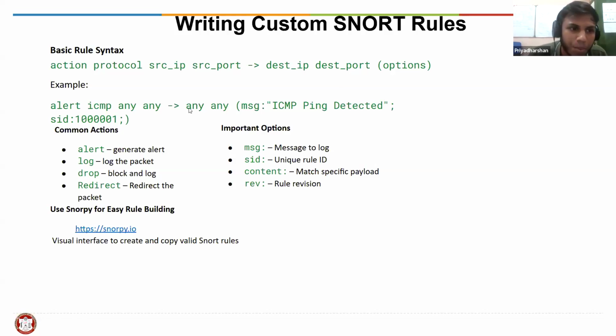Next, the options. Let's see an example. I create an alert action: if any alert comes, it just shows the alert. I use the ICMP protocol, so if the attacker tries to communicate with us using ICMP, you give me an alert.